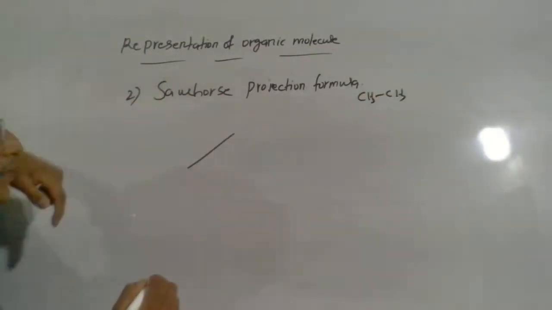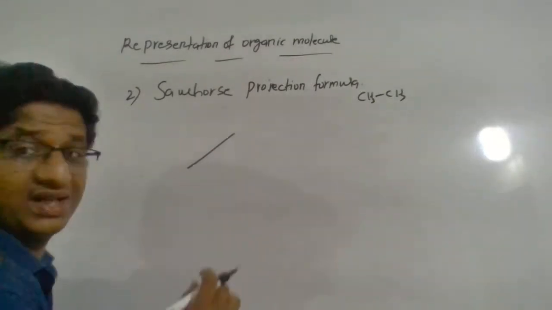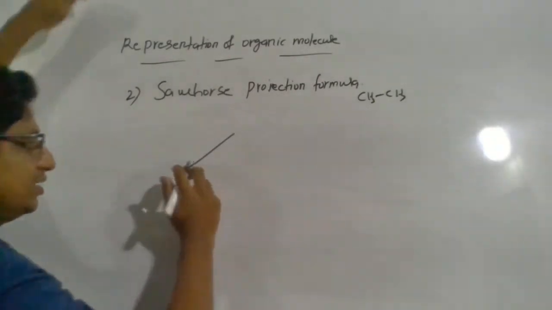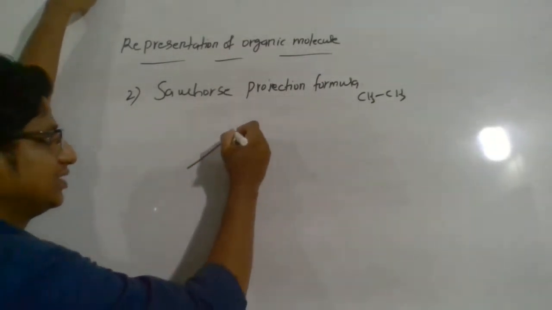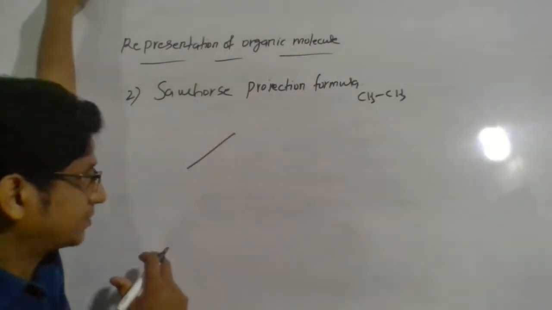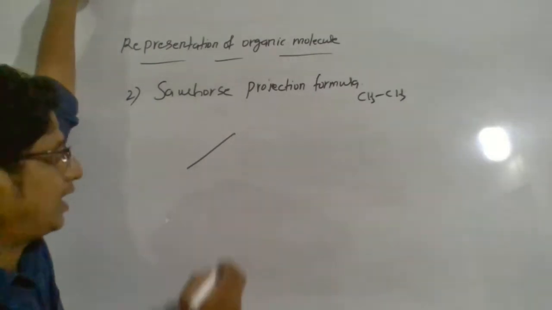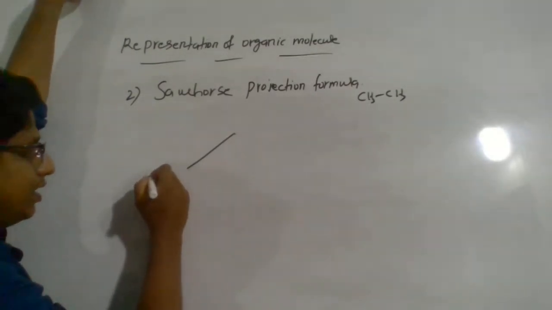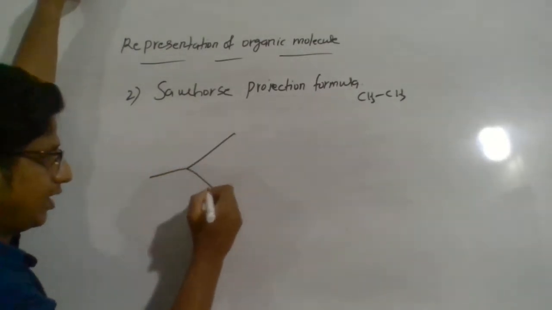This is more useful now, especially to explain conformation. So this is actually a carbon atom, this is also actually a carbon atom. So the carbon-carbon bond I just expressed in an elongated way, and I'm just drawing an inverted Y.